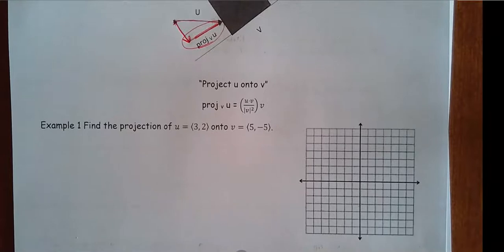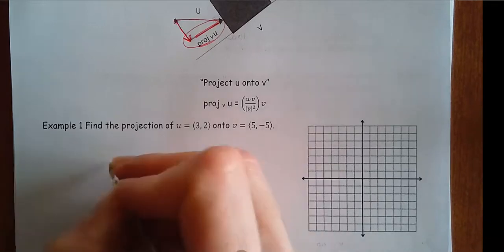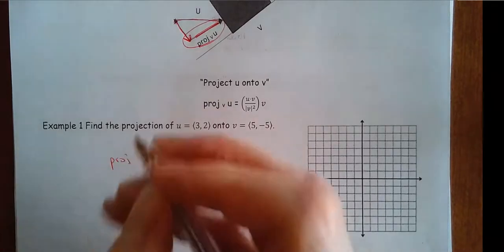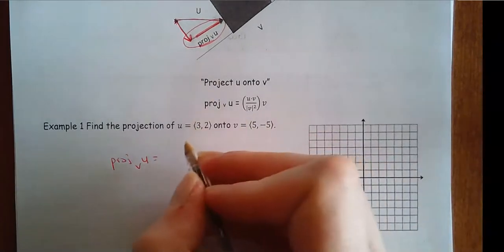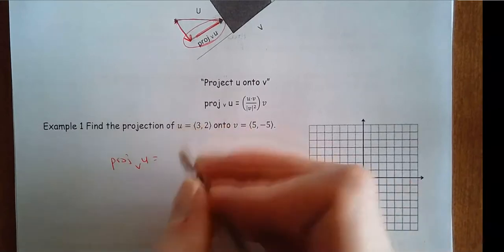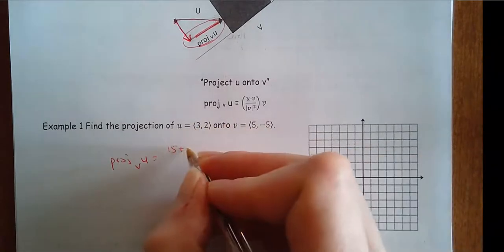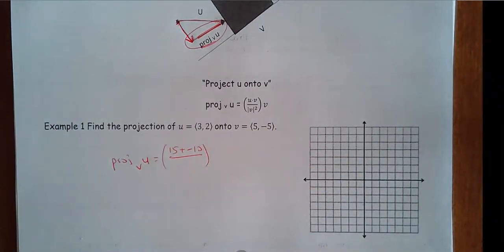So let's find the projection of U onto V. In the easiest cases, when you have both of them in component form, it's really just a matter of plug and chug: put in the formula and put it in the calculator. So the projection of U onto V would be U dot V, which in this case is 15 plus negative 10, over the magnitude of V squared.